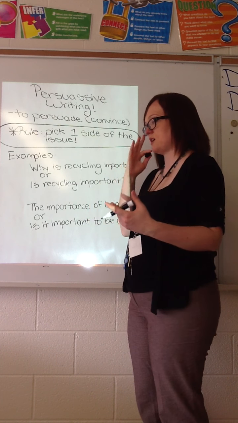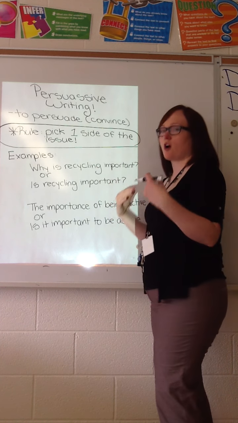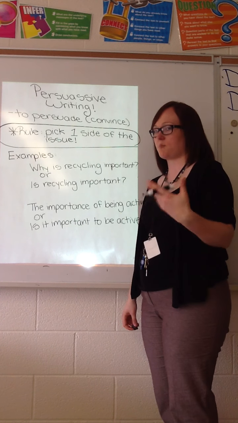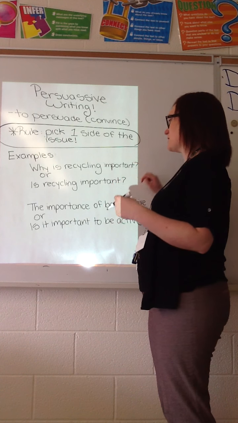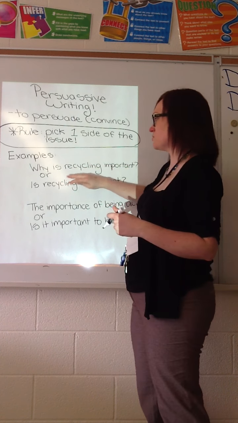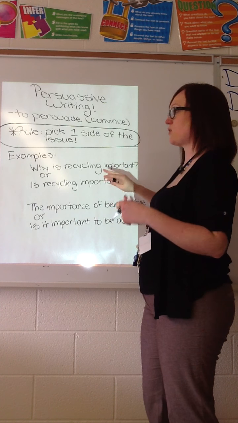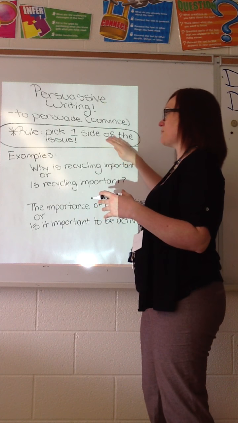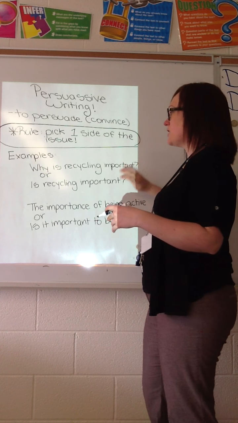So let's look at an example. Some examples of topics that someone might give you if they're trying to get you to write a persuasive paragraph is, for example, why is recycling important? Another way to reword it would be, is recycling important? Going back to the rule, pick one side. Here there are two ways.